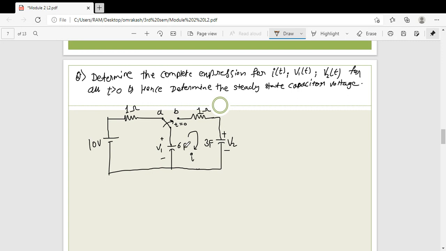Means circuit is source free, but still current flows in that circuit. Why? Because when the circuit is connected to this loop, the capacitor is charged to some voltage. So whatever voltage appears across this capacitor, when the switch position changes, that charge is discharged through the circuit with the help of this current.